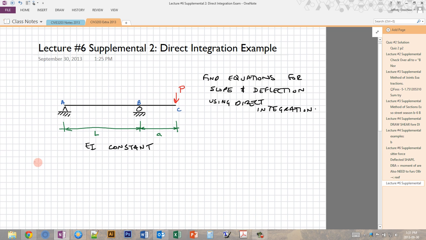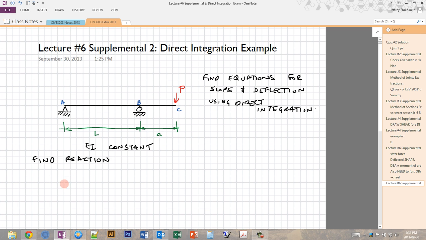similar types of problems. So the first step is we need to find the reactions as a function of the input variables P, which is a general load, A, which is a length, and L, which is another length.